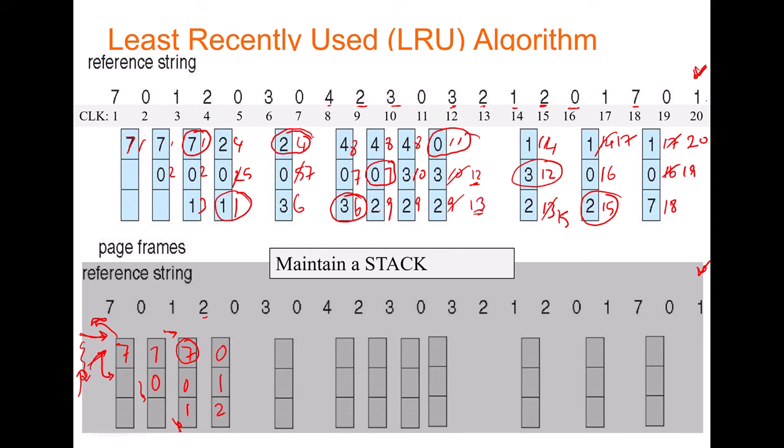Okay, it looks like the first in, first out implementation we discussed, but there is one difference. I would like to talk about that in a second. Now what happens here is when the 0 is accessed again. Remember in the previous one, if it was in the memory, we did not change its position in the data structure.